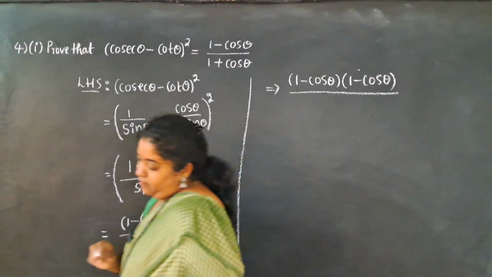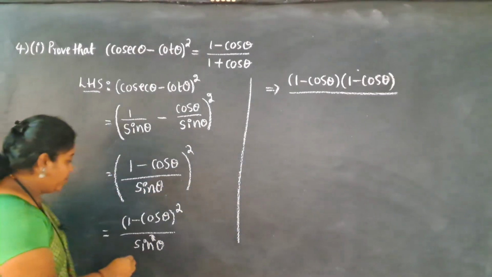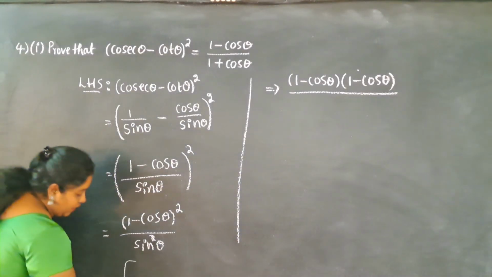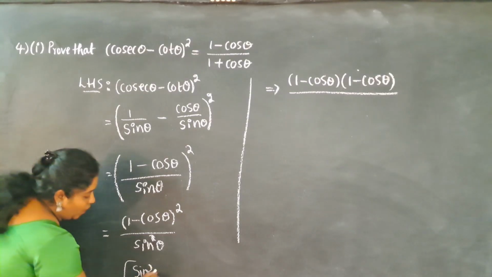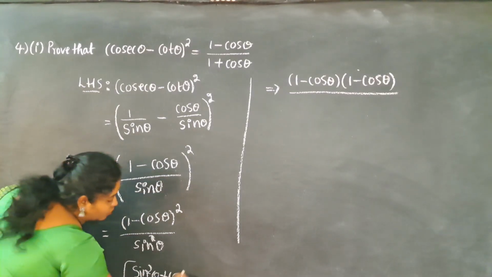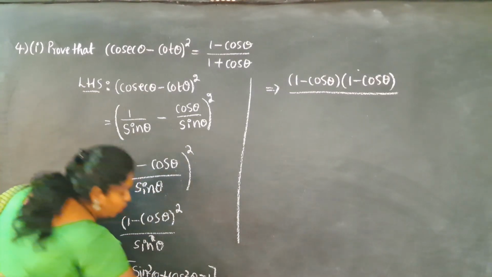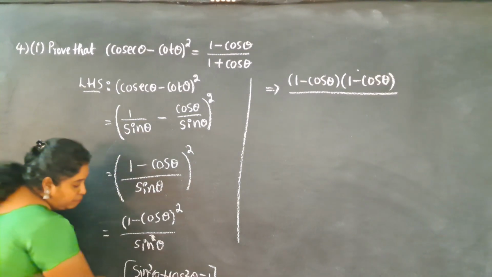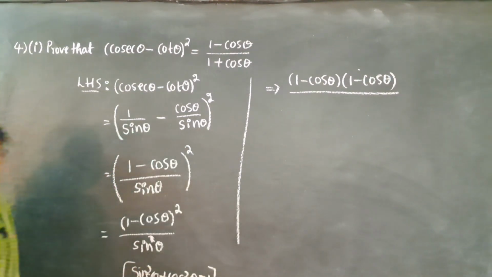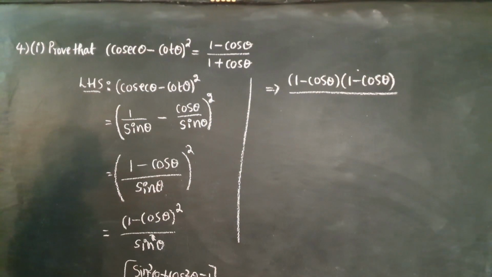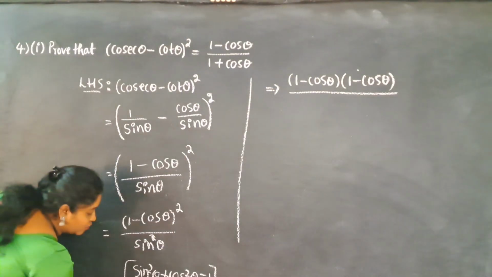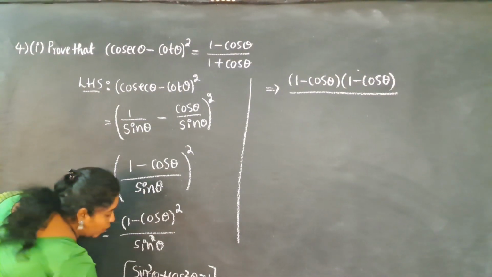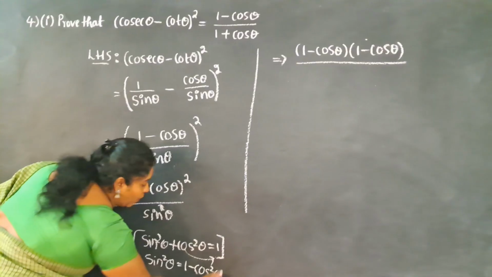What is the trigonometric identity that we have with respect to this one, dear? See here, sine square theta plus cos square theta is equal to 1. Yes or no? If I bring cos square to this side, plus cos square will become minus cos square, then sine square theta will become 1 minus cos square theta.